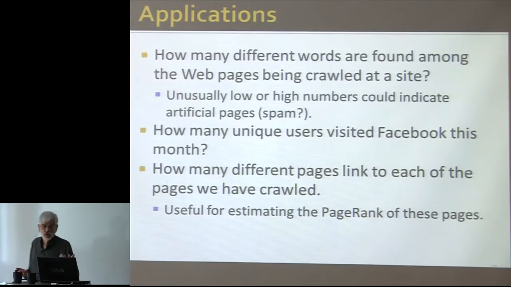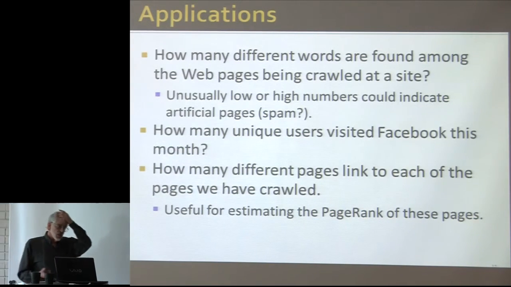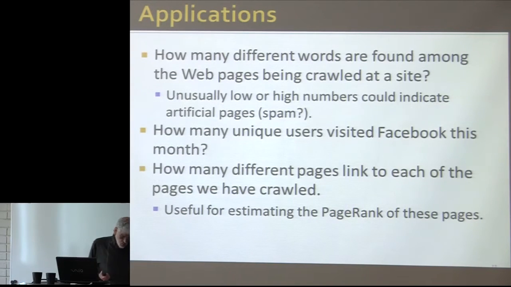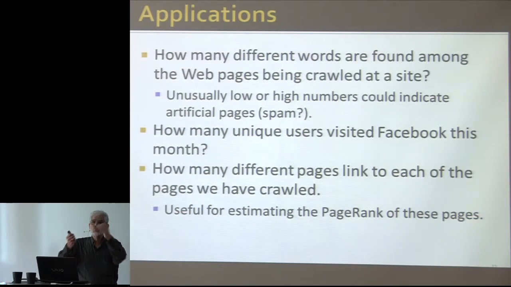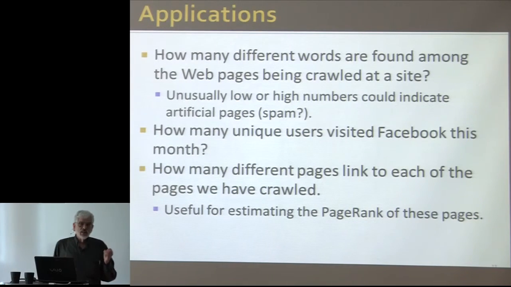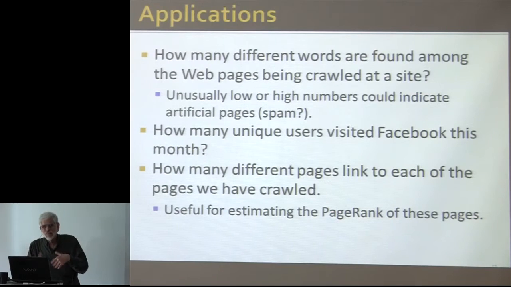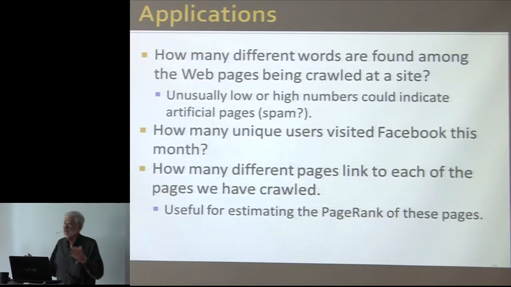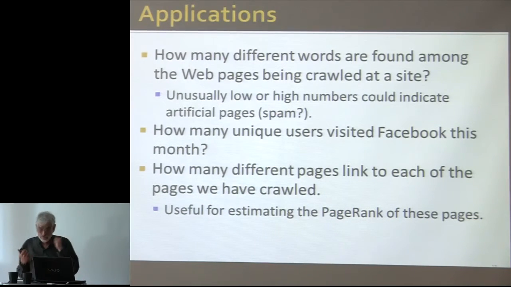Another application which I've seen has to do with web crawling again. You can't crawl everywhere. So if you come to a page, you'd like to decide, do I want to follow its links? The answer is, if its page rank is going to be high, then yes, you'd like to follow it. But if the page rank is low, it's probably not going to be the answer to anybody's search query anyway, so we'll just forget about it.